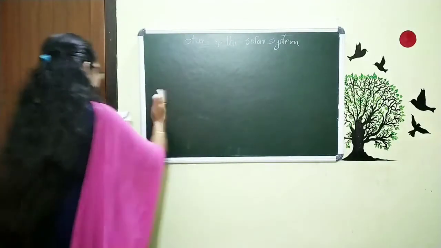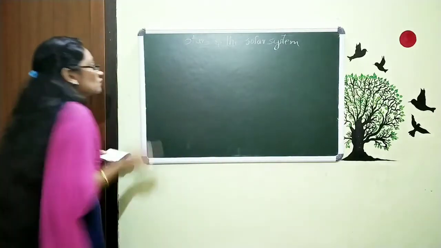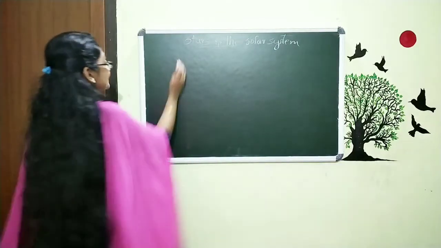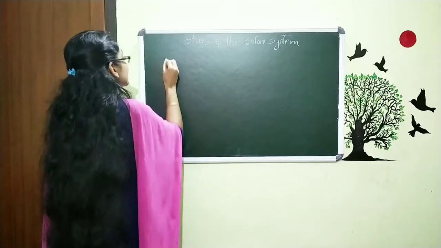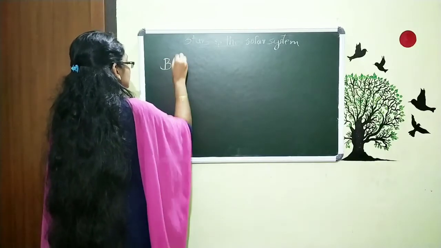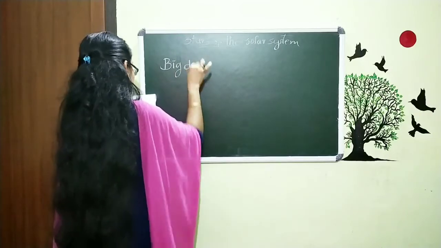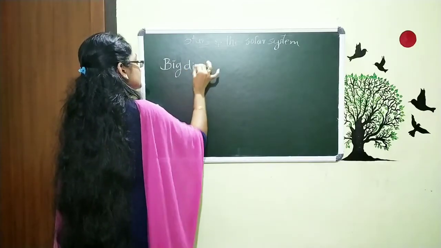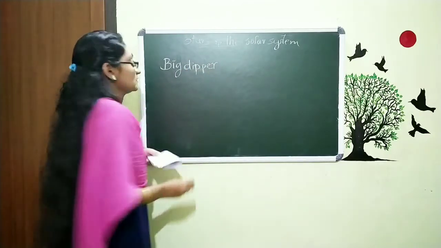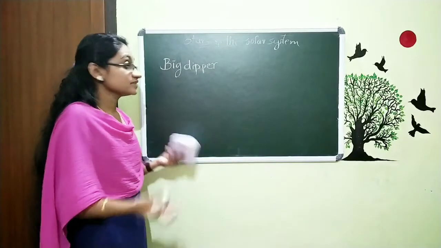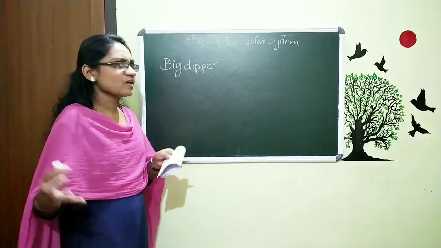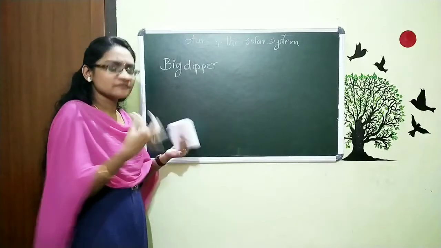In the summer early night, you can see one constellation, and its name is Big Dipper. This constellation has different names. That means we call it by different names in different locations.